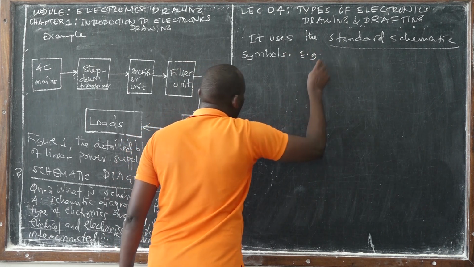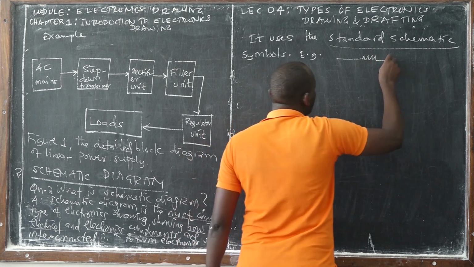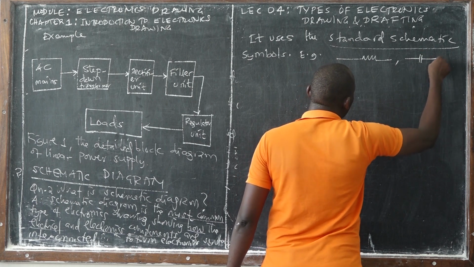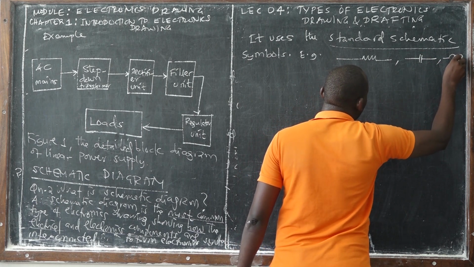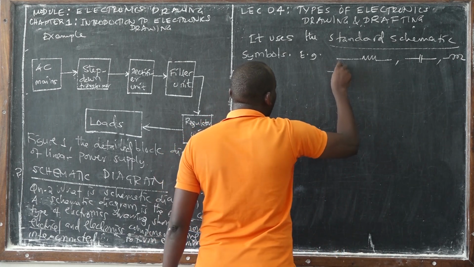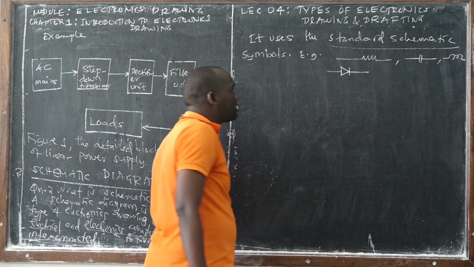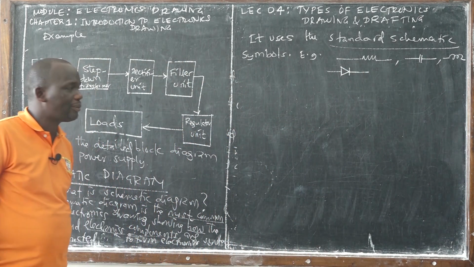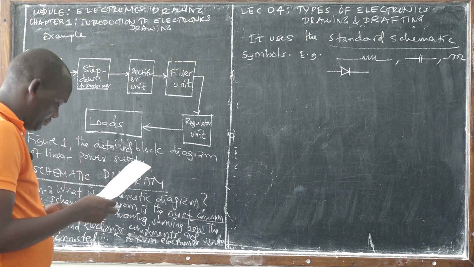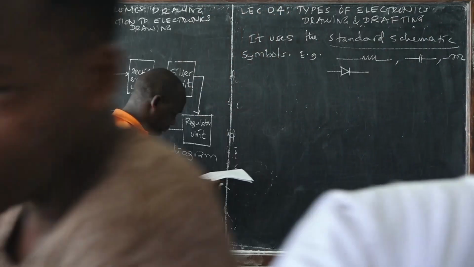Examples of these standard schematic symbols are the schematic symbol of the resistor, the capacitor, the inductor, and the diode. So whenever you see electronics diagrams in this style, that is the schematic diagram.